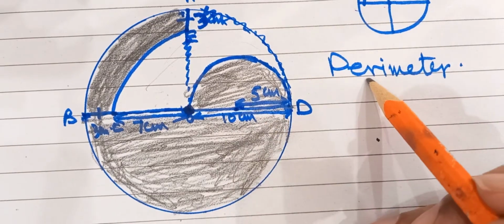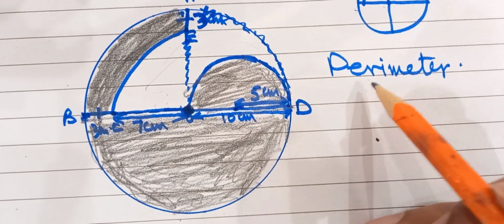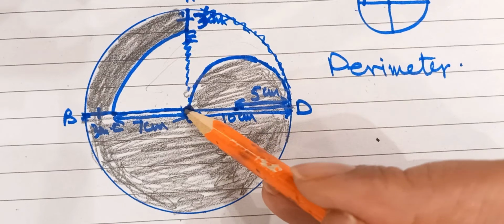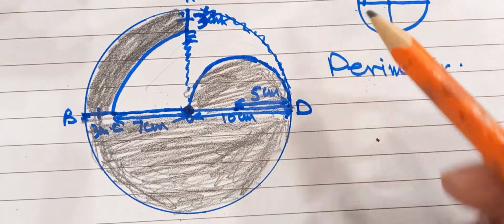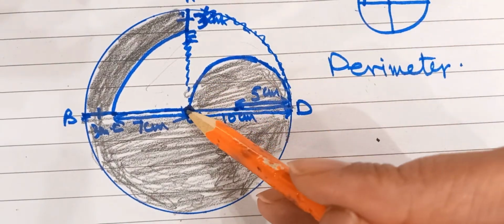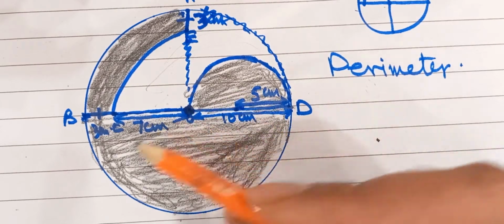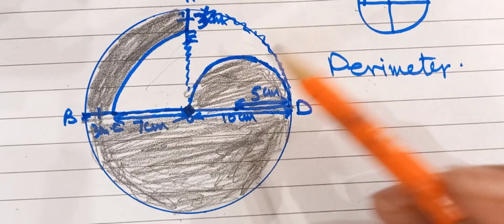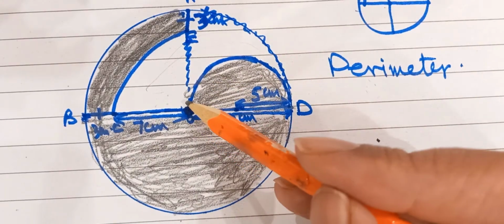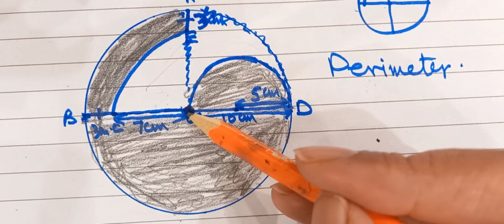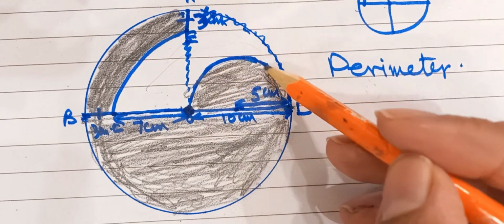Now we know that perimeter is the sum of the outer sides of any shape. So how am I going to know the outer side of the shaded area? The outer side of this shaded area is first this small semicircle.